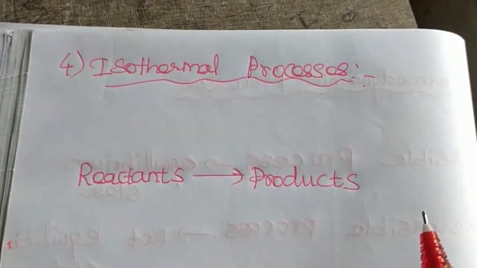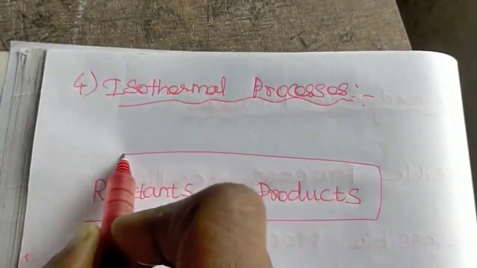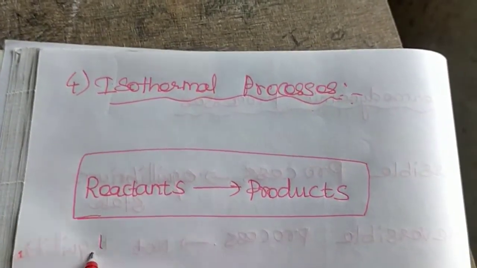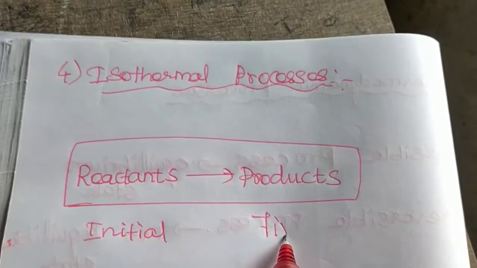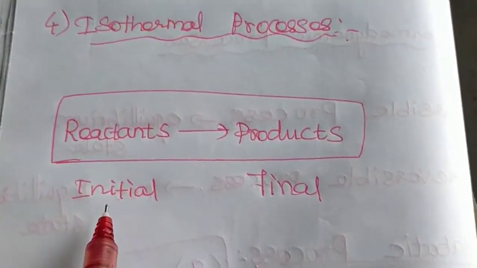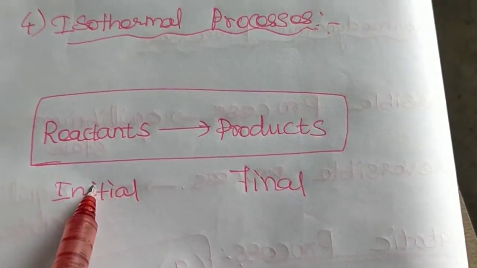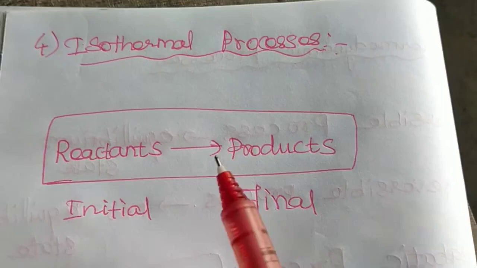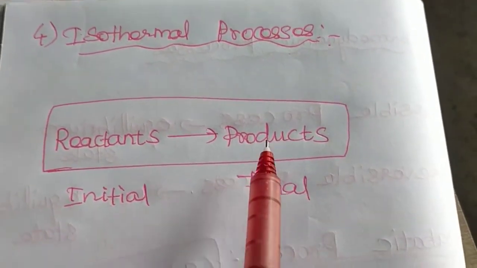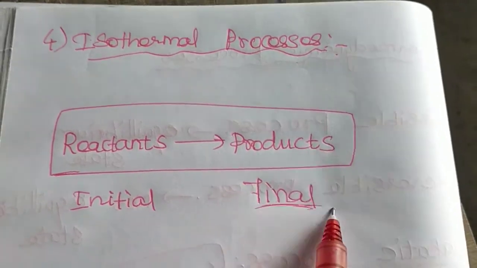In this process, what is the initial stage and what is the final stage? The reactants which are reacting together are the initial stage. And the product, the chemical or compound that the reaction finally produces, is the final step.